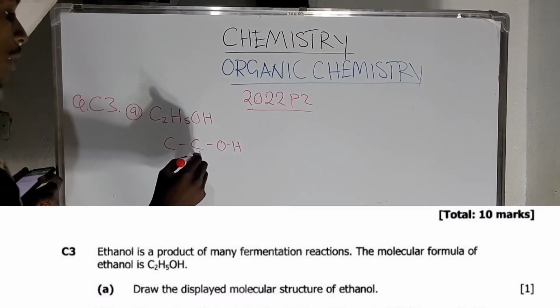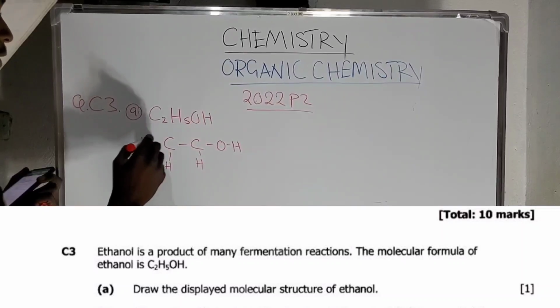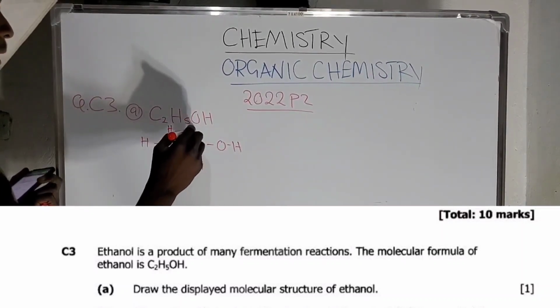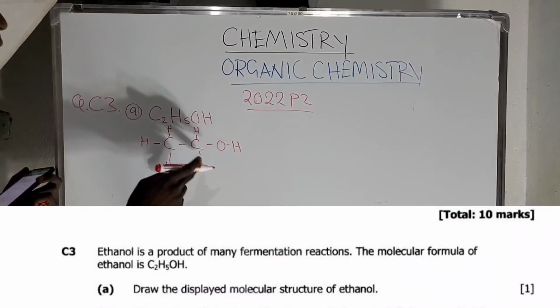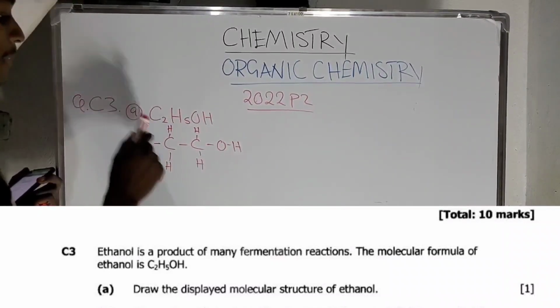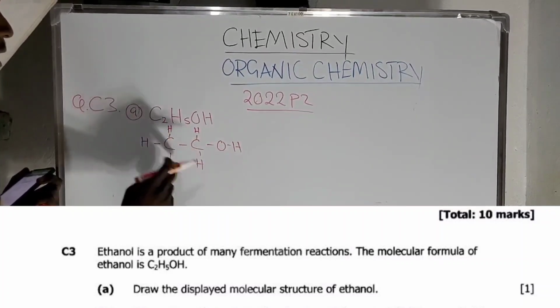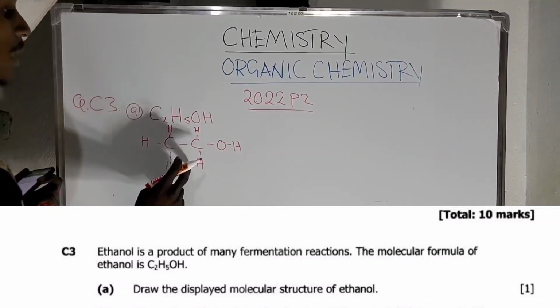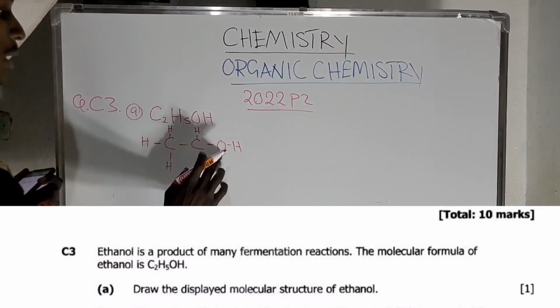So we have hydrogen here, here, here, here, and here, so they completely surround the carbon atoms. So we have 1, 2, 3, 4, 5, 6 hydrogen atoms. This one is not a hydrocarbon because there is oxygen.